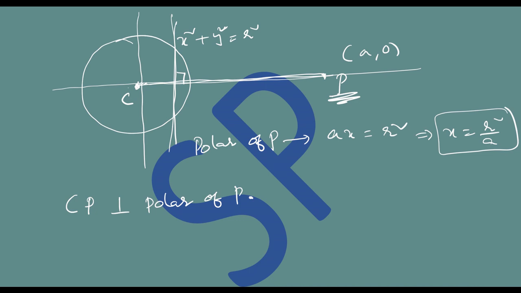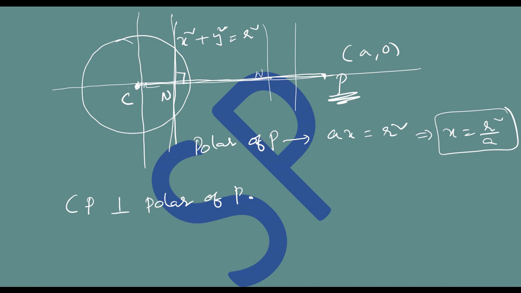Now, if I call the point of intersection of CP and the polar of P as N, I'm going to show that CN is less than r. I drew the line such that it is intersecting the circle because I already know that it intersects the circle, but otherwise you can draw that line anywhere. I don't care. The distance from center to polar is going to be less than the radius.